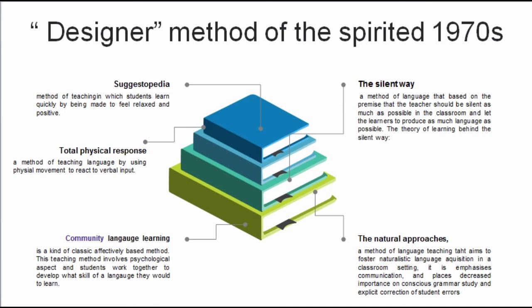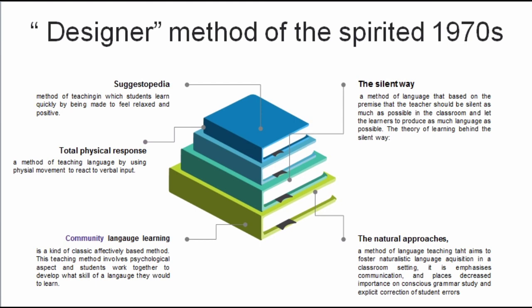Lozanov, in 1979, believed that we are capable of learning much more than we think. It stands to reason that music played an important role in this method, because if the students feel relaxed, he believed that they could think much better to get the material.